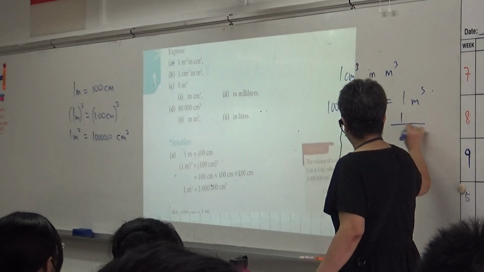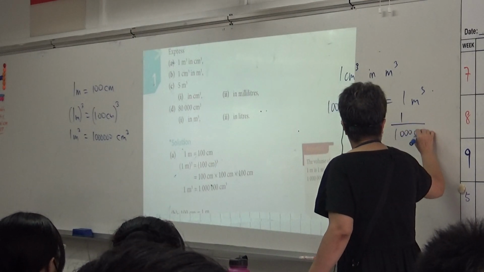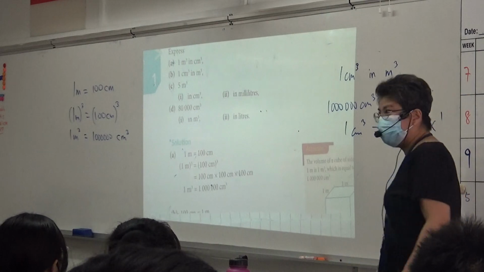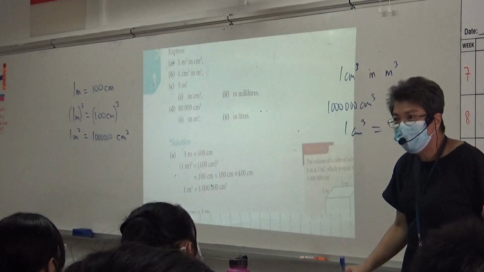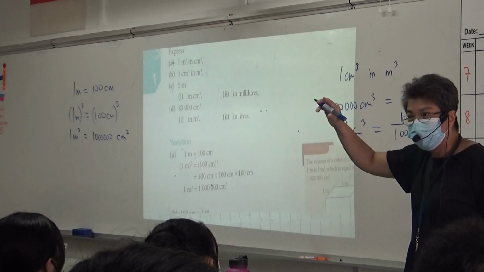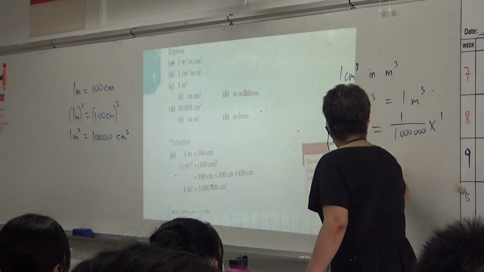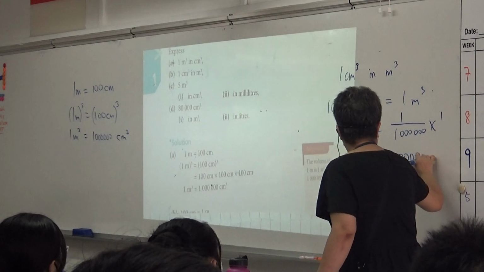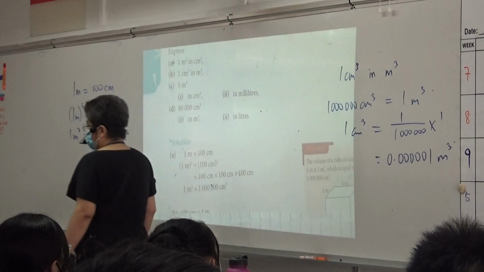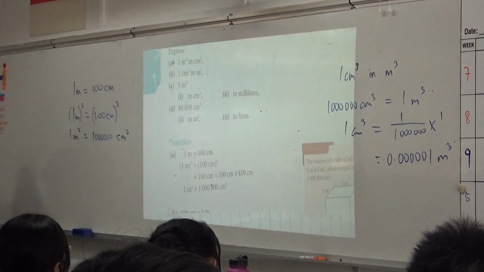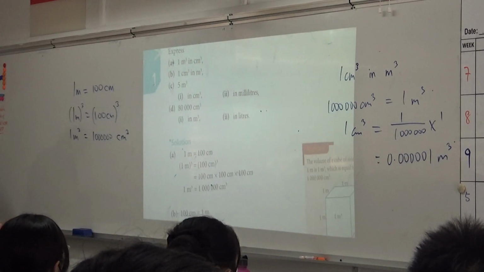This one will be 1 over 1 million times 1, right? Remember, this over this times this, remember? The 4 apple, that one. The 7 apple, that one. So this one will be 0.000001 meter cube.